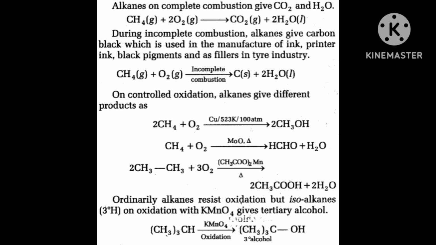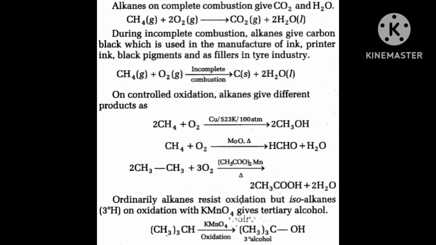Acetic acid CH3COOH, when one H is removed, forms the acetate ion. Two acetate ions, CH3COO minus, attach to Mn2+ and form manganese acetate. In the presence of manganese acetate, ethane gives ethanoic acid, meaning acetic acid.